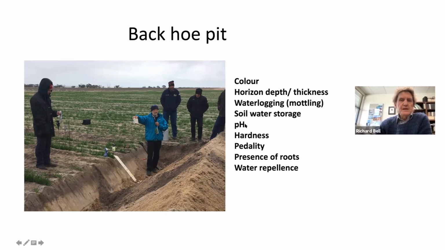And that might be pH or hardness, compaction. So the presence of roots can be a really important indicator of these profiles, because the roots won't go where there are significant constraints, and that can be a good diagnostic. And of course, at the surface, water repellency can be measured quite simply.